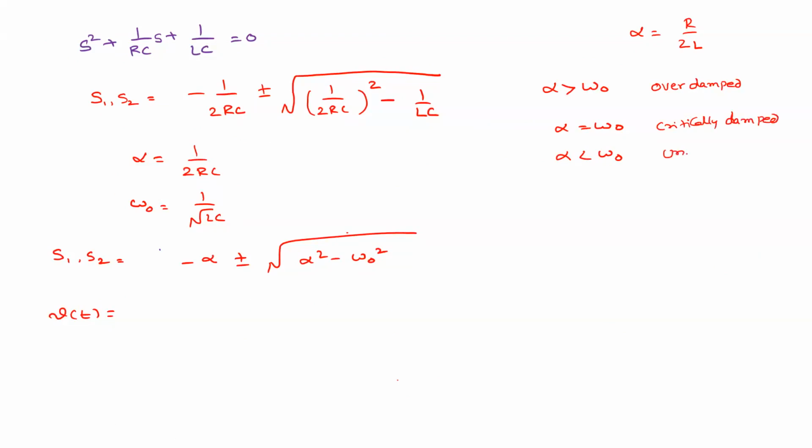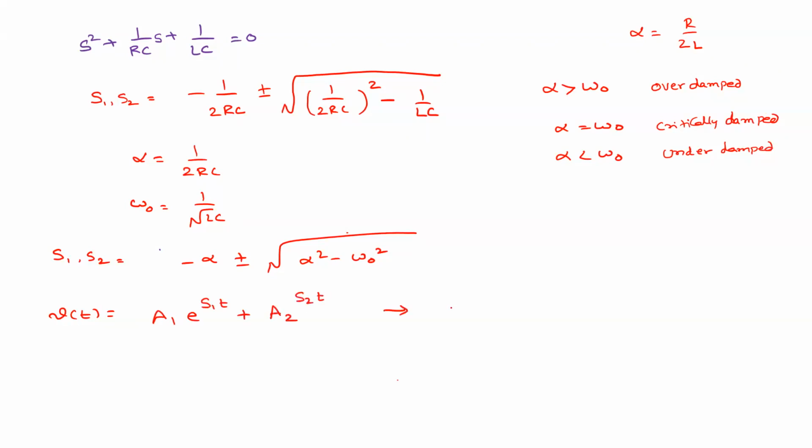And this is underdamped. So we have three possible solutions. With the same expression, in case of overdamped, the solution will be A1 e to the power of S1t plus A2 e to the power of S2t.